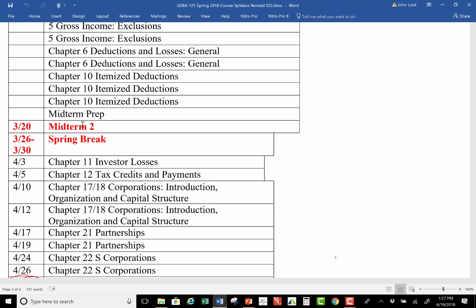From my standpoint, I'm going to spend less time, fewer questions on the exam on chapters 11 and 12. I'm probably going to go a little heavier on 17 and 18, a little lighter on 21 and 22, since 17 and 18 are sort of the core things about corporate. And if you look at the CPA exam, that's where they tend to focus more of their attention, on corporations, not so much on the flow-through entities. But I'll have some questions from all of these.